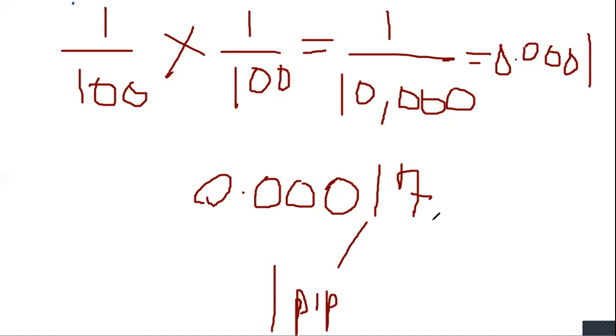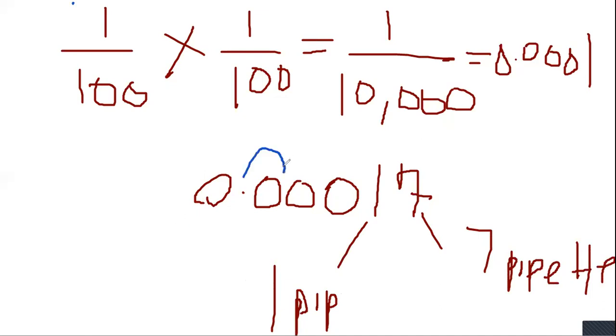And this 7 here is 7 pipettes. So in other words, the 4th value from the decimal is regarded as a Pip. In other words, 1, 2, 3, 4. This fourth value is seen as 1 Pip.